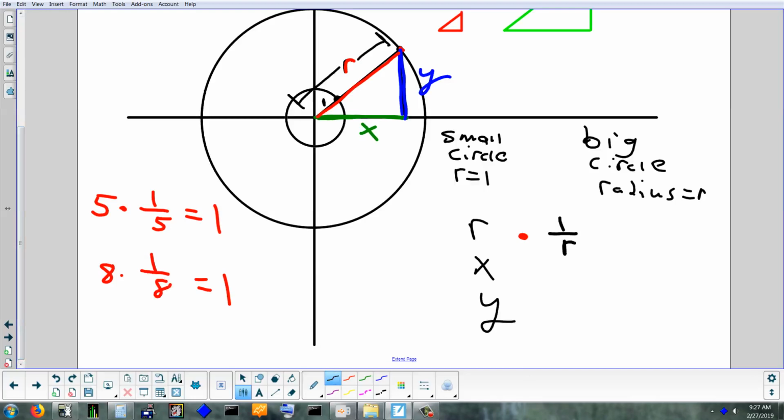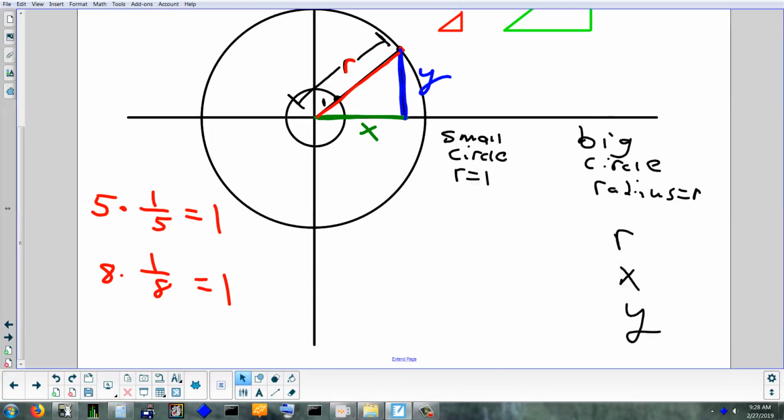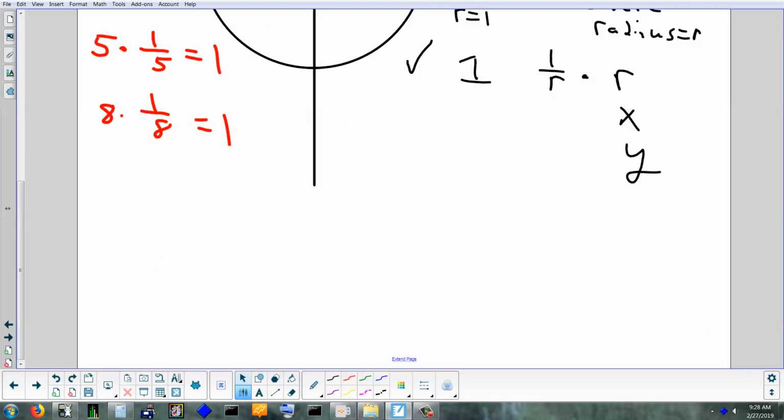Now, when you scale something, right? Let me put these in the other column, because technically the r, the x, and the y, that's the big triangle. If we scale it by 1 over r, perfect. We've just made the radius 1. If you made the radius 1, that means you just turned your problem back into a unit circle problem. But if you want to scale a triangle, right? You've got this side, and this side. And let's say I want to make that side smaller.